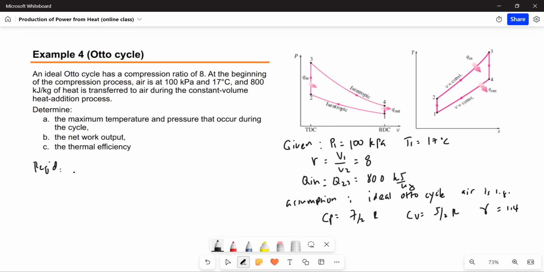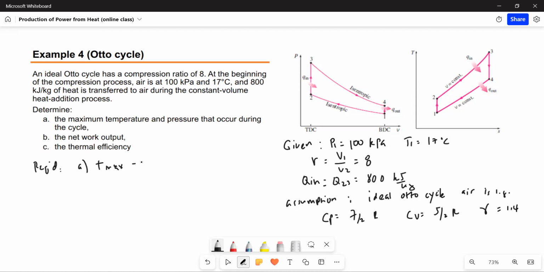Then we write the required. So the required are the Tmax, the maximum temperature of the cycle, and Pmax. By the way, based on the diagram, where does P max occur?